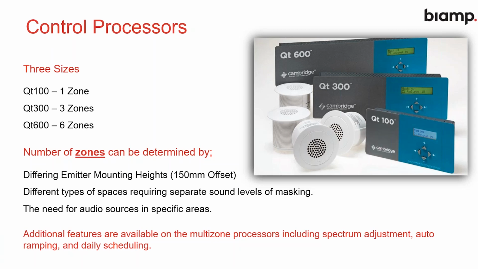All these have 2 emitter runs per zone, and the difference between the 100 and the 300 and 600 is mainly that the 100 cannot have any scheduling or equalization. However, for the purpose of design, all 3 are the same. Another footnote with the 100 is that you cannot use the active emitter with the QT100.